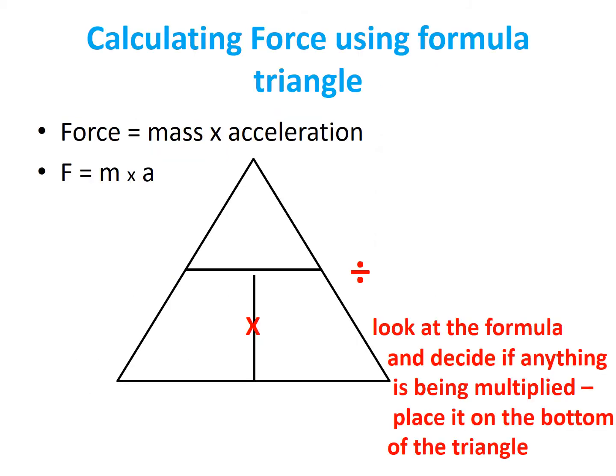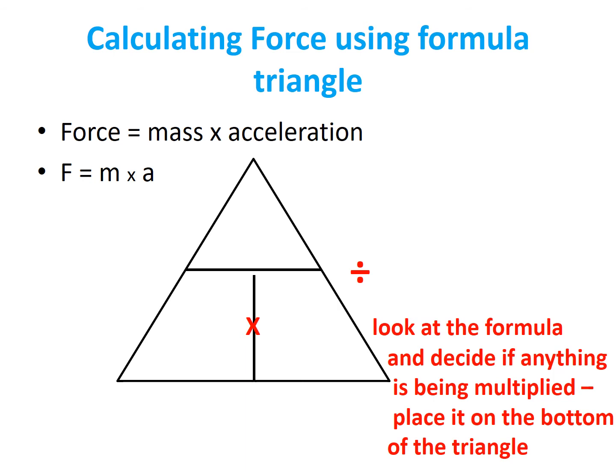When we do calculations, and this is all about calculating the force required, that's what Newton's second law is all about. So if we look at the formula, force is equal to mass times acceleration, in order to help you set up your calculation accurately, you can use a force formula triangle.